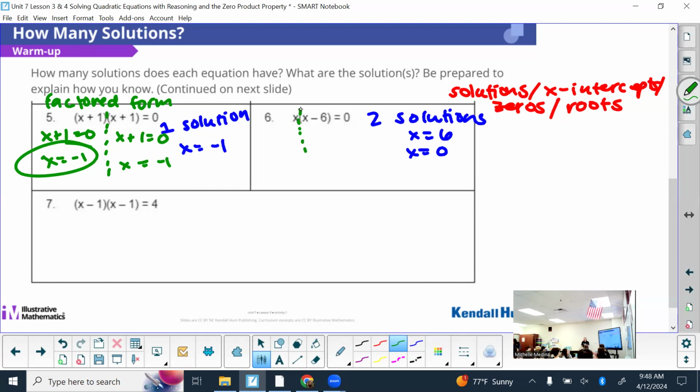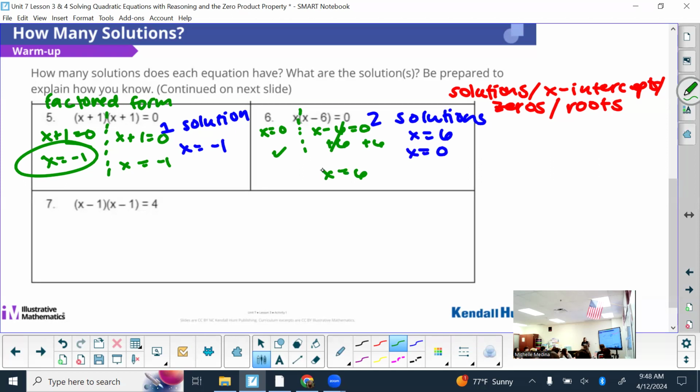If I multiply to get 0, one of those numbers must be 0. So I set each factor equal to 0 and figure out what x would have to be to make it true. So that's where we get x equals 0. And then if we start solving this, that's where we get x equals 6. Okay, questions?